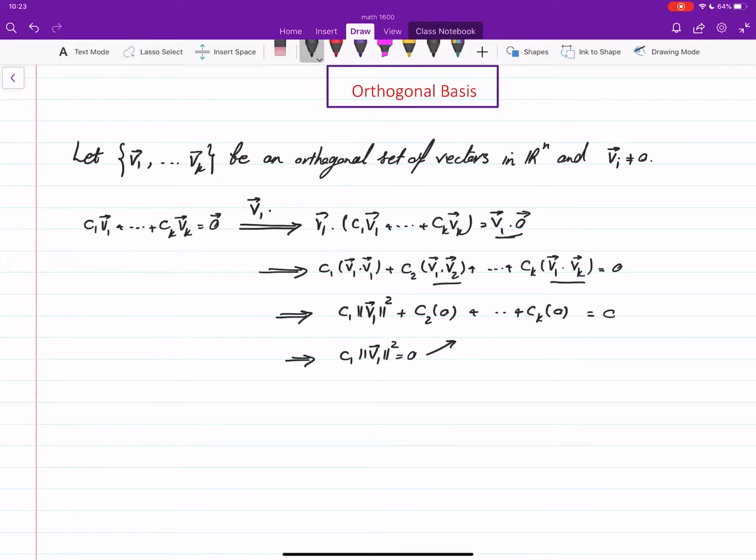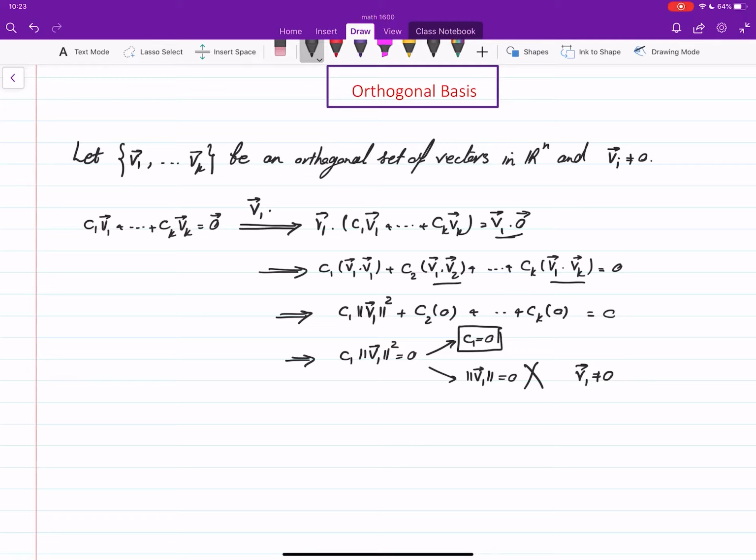This implies that either c1 is 0 or the length of v1 squared, or just the length itself, is 0. But this cannot be true because the vector v1 is not 0. This way we prove that c1 is 0. We still have some work to do. We have to show that c2 is 0, c3 is 0, up to ck.